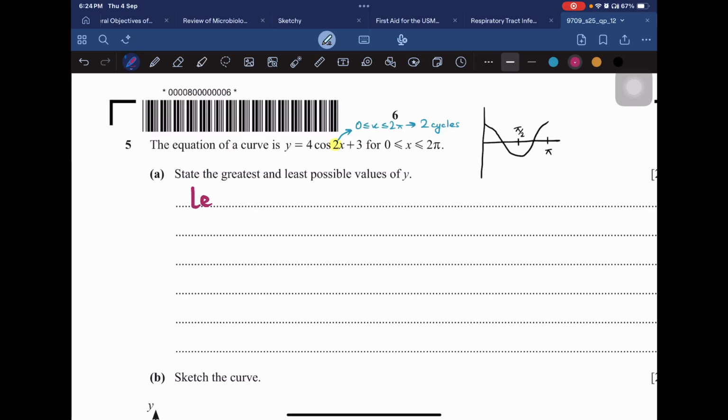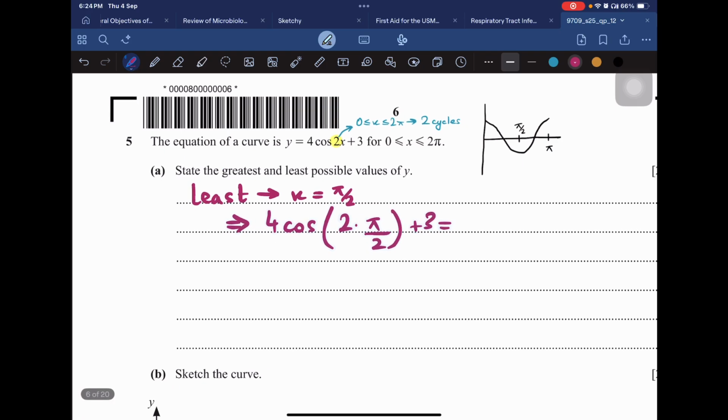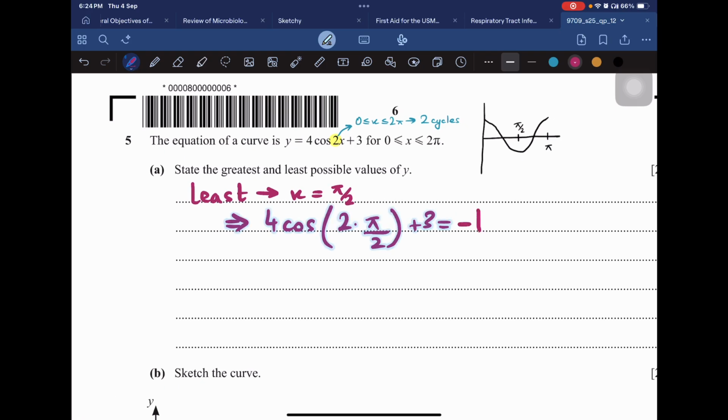For the least value, we have it at x equals to pi over 2. So 4 cos 2 times pi over 2 plus 3. This will be minus 1. And then for greatest, we have the greatest value at x equals to pi.